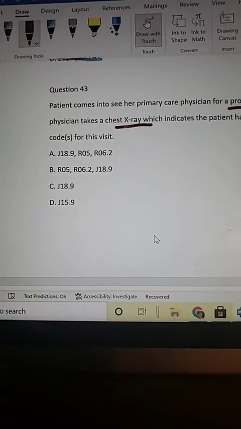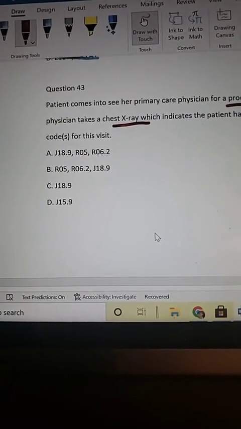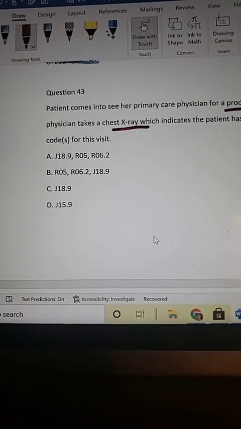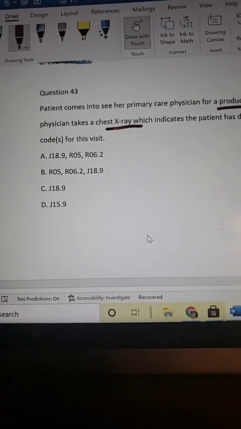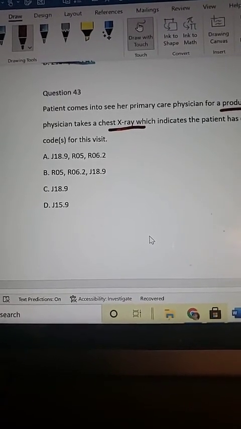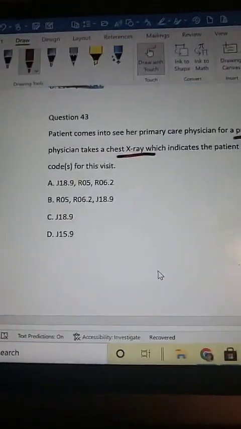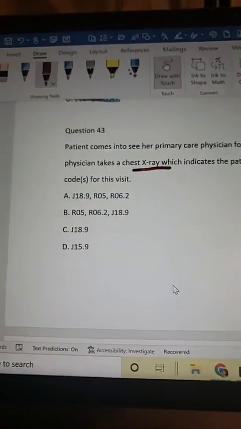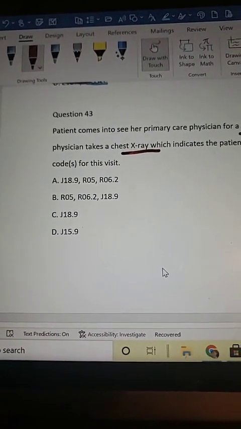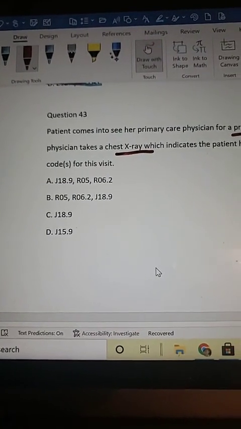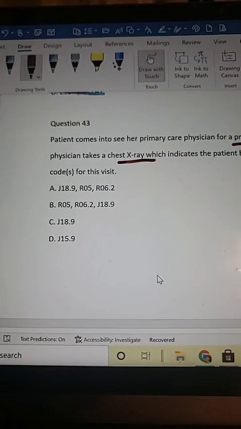Your guideline for this one is you can code symptoms along with the main diagnosis as secondary diagnoses if it is a complex syndrome. So is pneumonia a complex syndrome? That's the only direction we get, and you have to use your own discretion to tell you whether pneumonia is a complex syndrome or not.